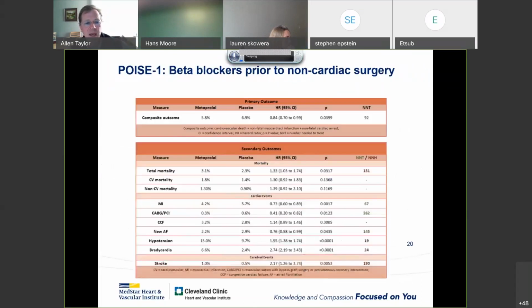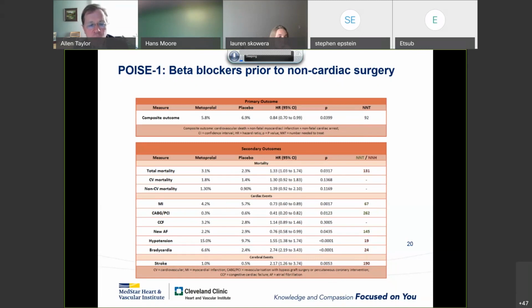And what POISE 1 showed is seen here, that the overall composite outcome was marginally significant for favoring metoprolol over placebo, and there was a double-edged sword. That is, total mortality was higher in the metoprolol group, about a third of the way down in that table under secondary outcomes.